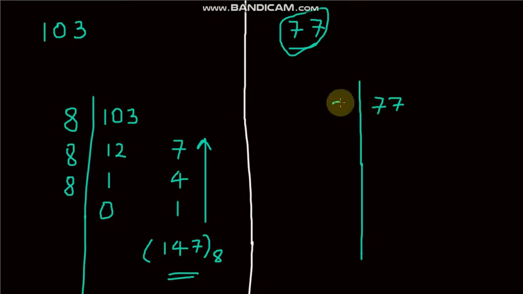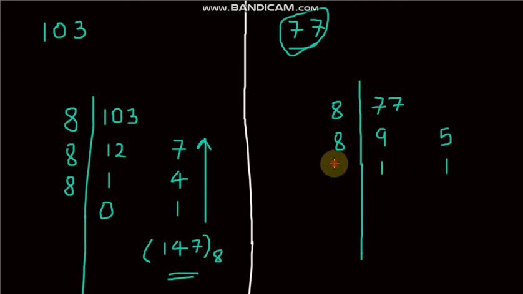Now 77 divided by 8, we all know that 8 nines are 72, and so we get a quotient as 9 and remainder as 5. And again dividing 9 by 8, we get a quotient as 1 and the remainder is also 1.